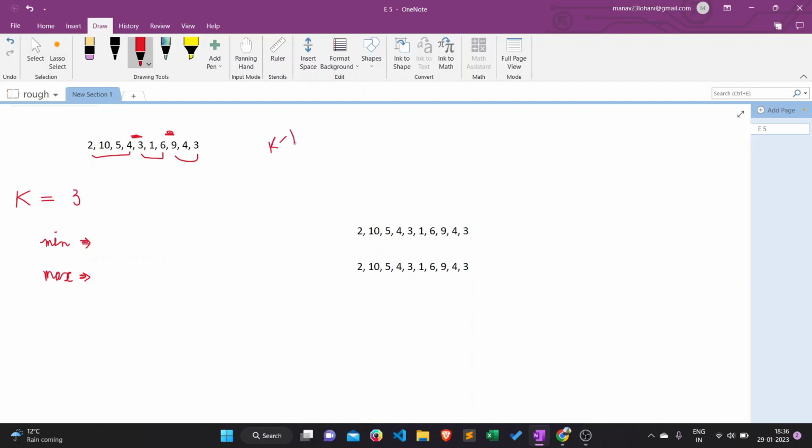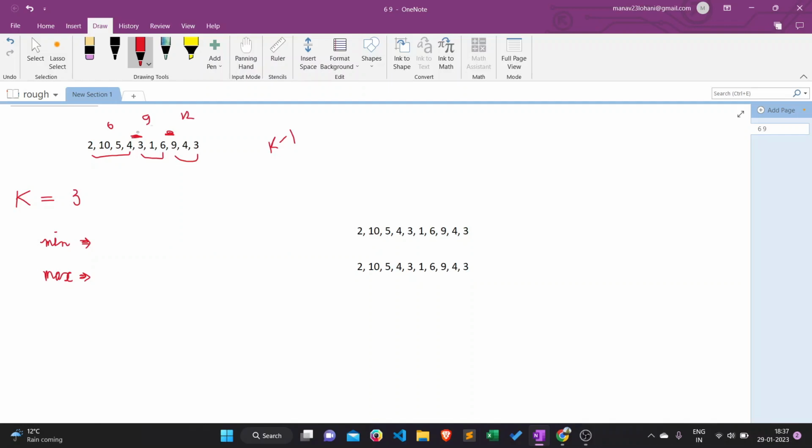Now if you observe carefully, you have to take the minimum score. In this case the sum would be 2 plus 4 is 6, plus the score for this subarray, 3 plus 6 is 9, and then 9 plus 3 is 12.